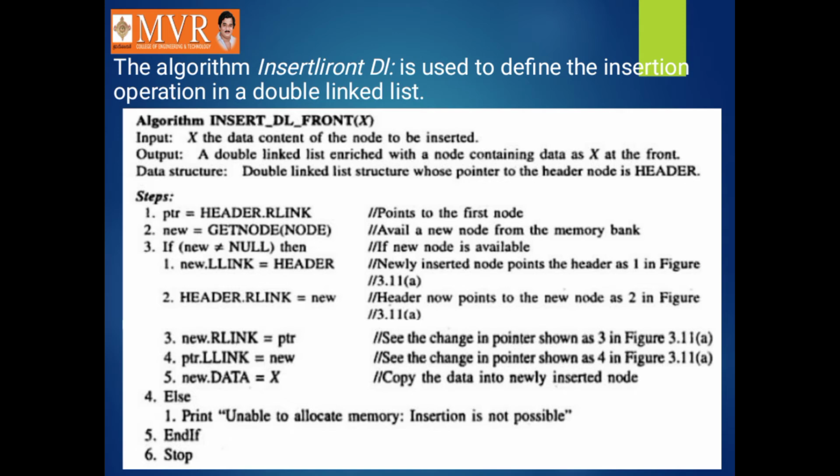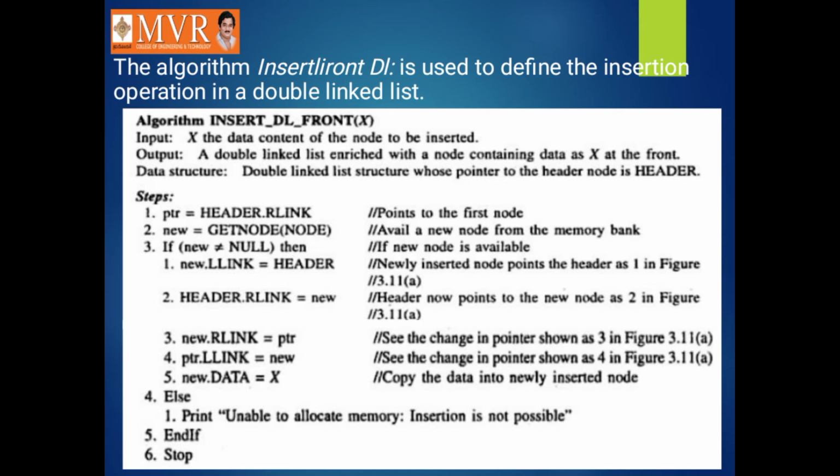Okay, first what we will do, if we want any node to be inserted in our double linked list, then we will contact the memory manager for that particular node. Then we will ask the memory manager if the node is available.